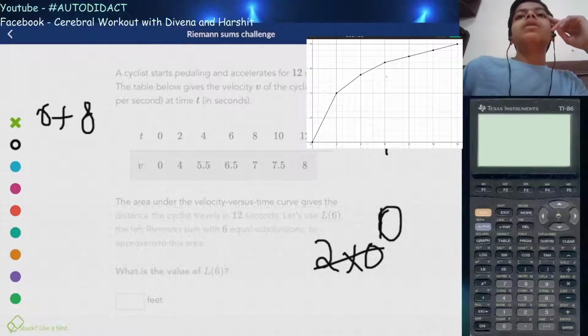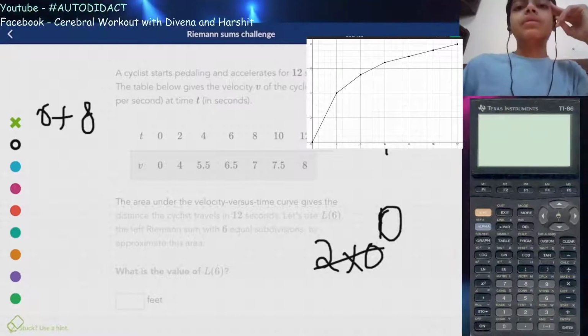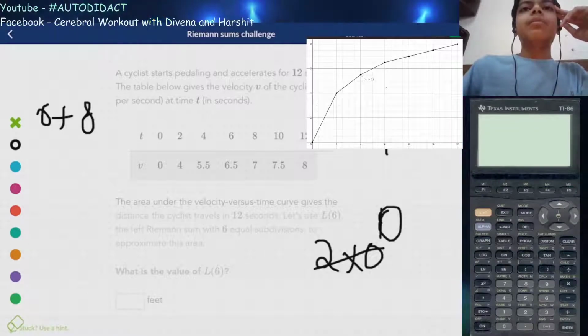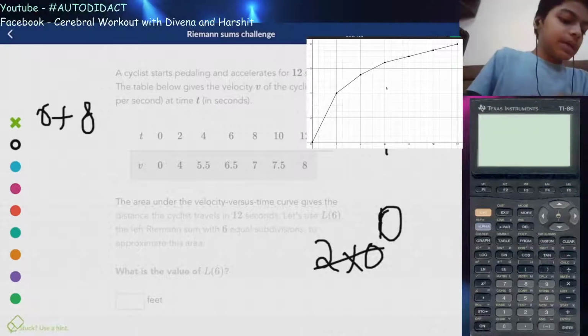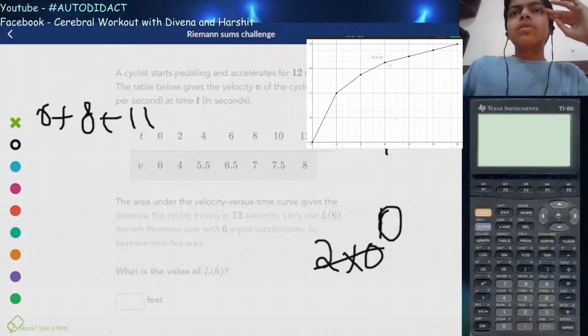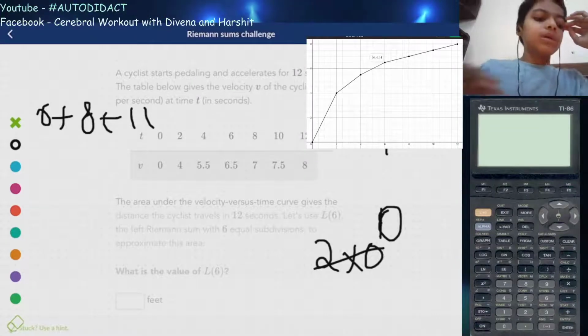From here to here, what is the area? Its width is equal to 2 times 5.5. 5.5 times 2 is just equal to 11. So we add 11, and this will just be equal to from 6.5 to here. So this will be 6.5 times 2. This will be equal to 13.